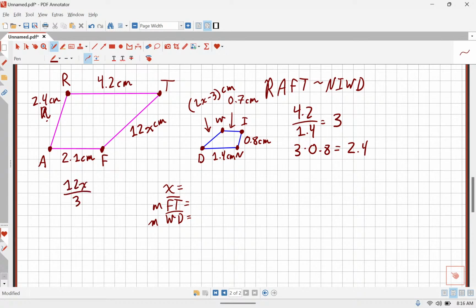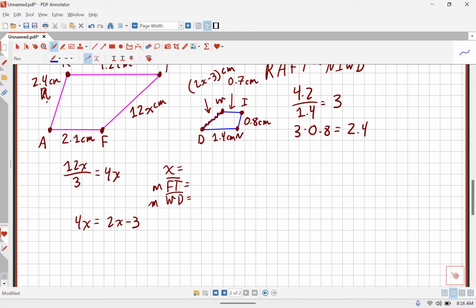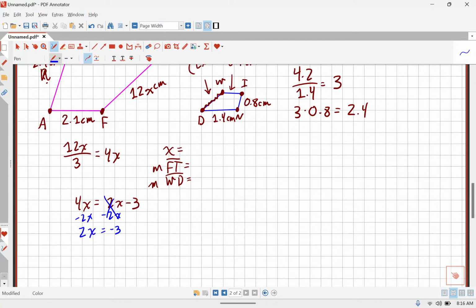If you do 12x divided by 3, you should get this length right here, which means 4x equals 2x minus 3. Cool. And then what are we going to do with that? Awesome. And that gives me 2x equals negative 3. And then what do we do there? Yeah, divide both sides by 2.